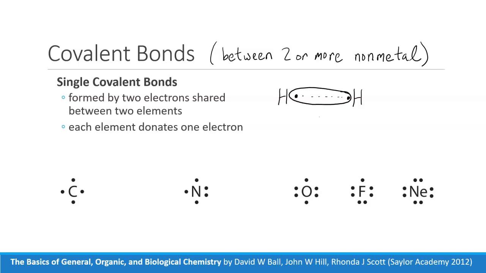Okay, and you may see it sometimes represented as two dots vertically placed between the hydrogens, but more often you're going to see it represented as a line between those two hydrogens, okay? And that line represents a covalent bond which contains two electrons.